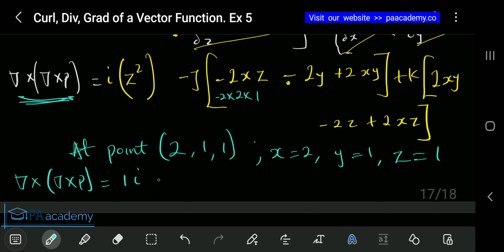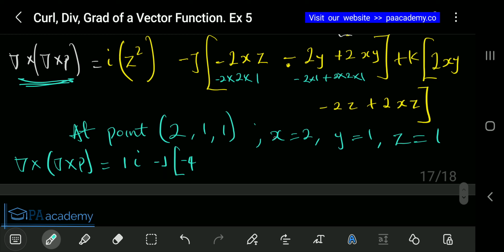So let me just put minus j into bracket, minus 4, and then here we have 2 times y, that's 1, so that will be minus 2, plus 2 times x and y times 2 times 1. So that will give us minus 2 plus 4.